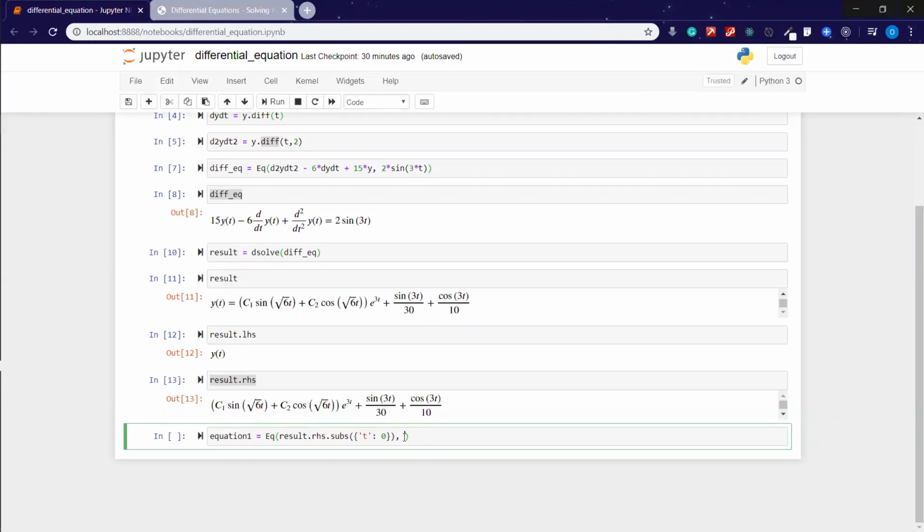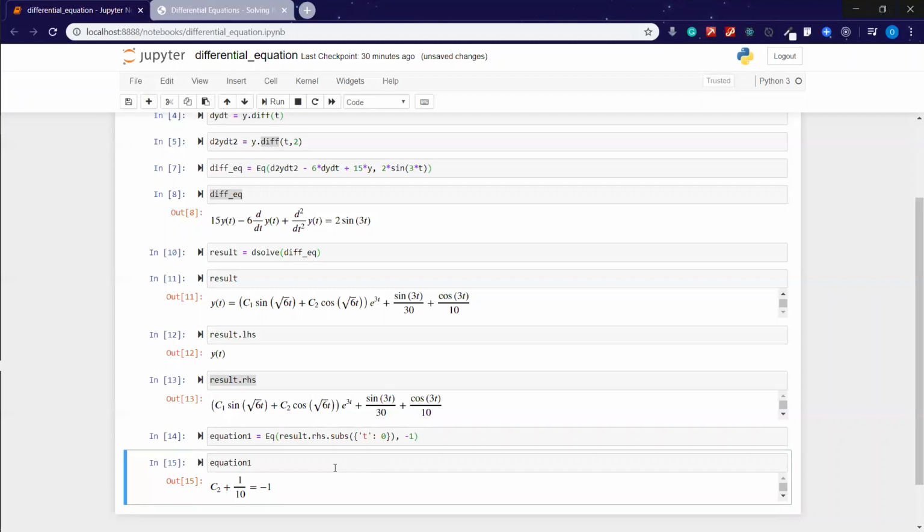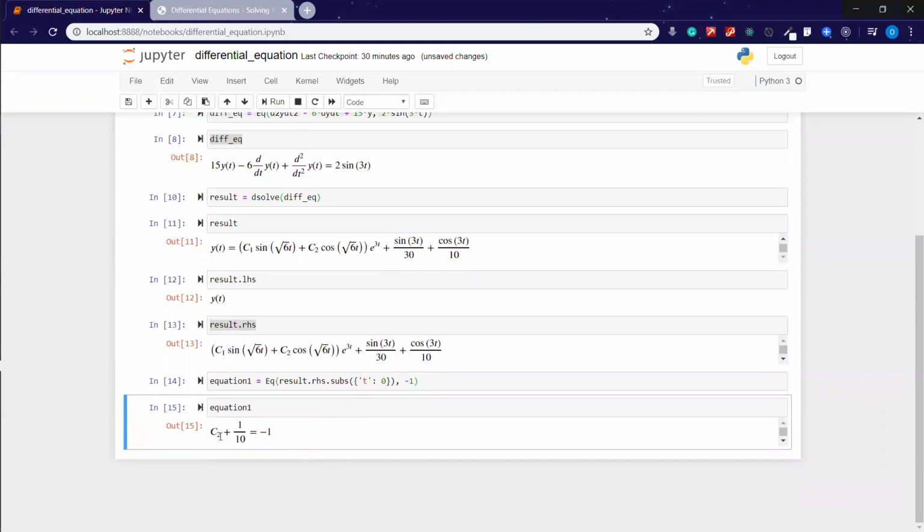Then on the right-hand side, we have -1. So if I run that, it doesn't print out anything, but let's see what we now have in equation 1. Okay, so we have C2 plus 1 divided by 10 equal to minus 1.